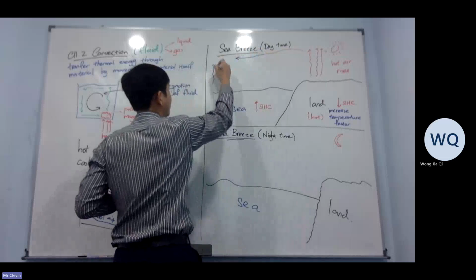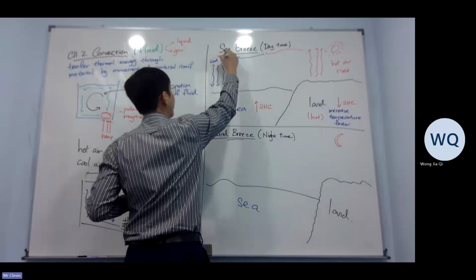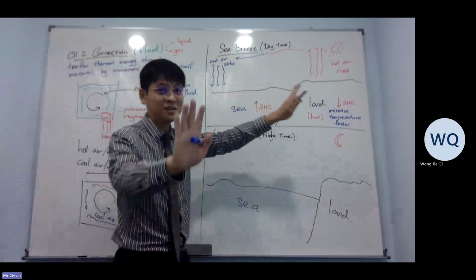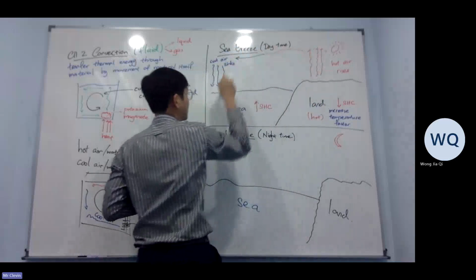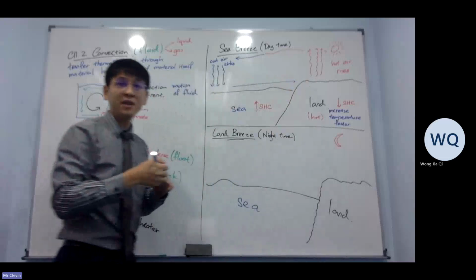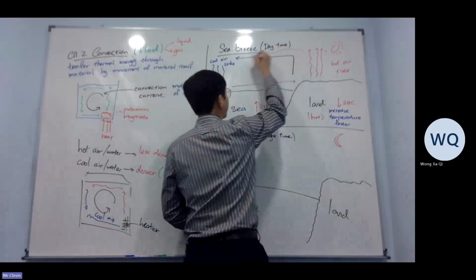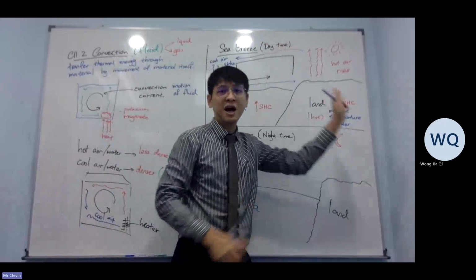When it's cooled down, we know that whatever goes down is cool air sinking. Correct? When cool air sinks, can you see the direction now? It goes up here, it goes down here, it goes from here to here. So this side here, it will be moving in this direction. Agree? Can you see that the convection current is going this way? So this is my convection current.